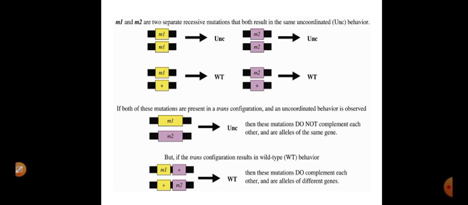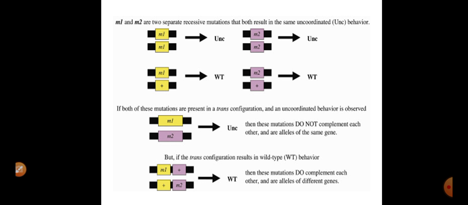This is another diagram that gives you an idea about the cis and trans configuration, and why another name for this test is given. If M1 and M2 are two separate recessive mutations and together result in uncoordinated behavior, then when they act as two separate recessive mutations, obviously there is uncoordinated behavior.